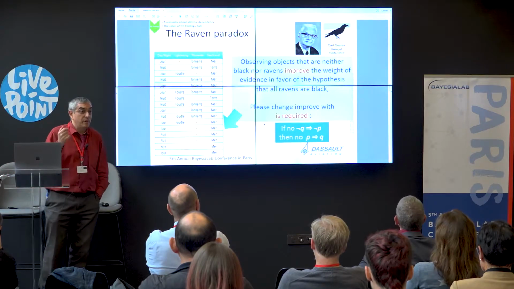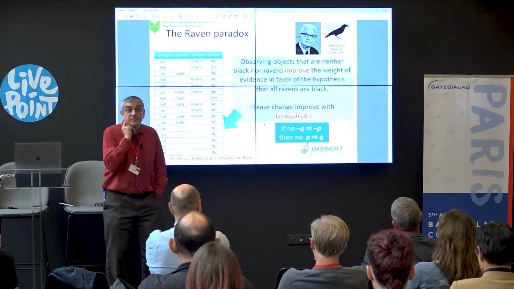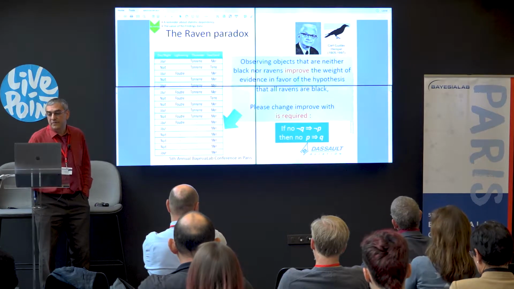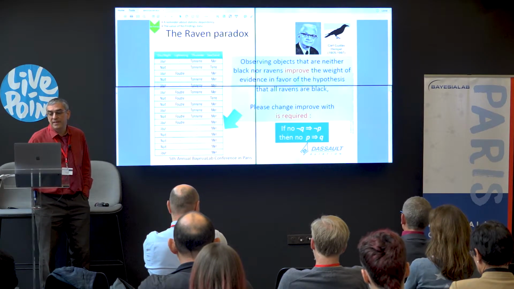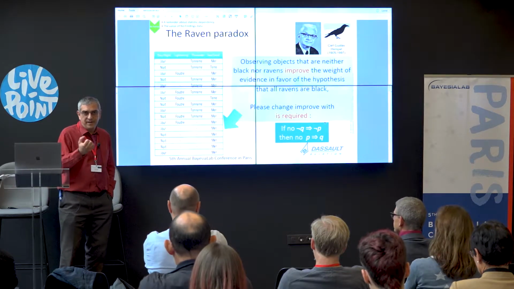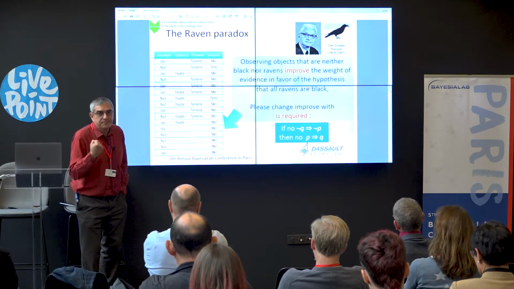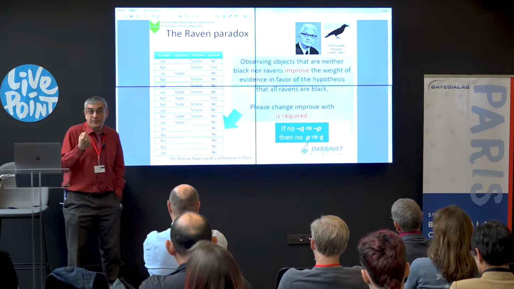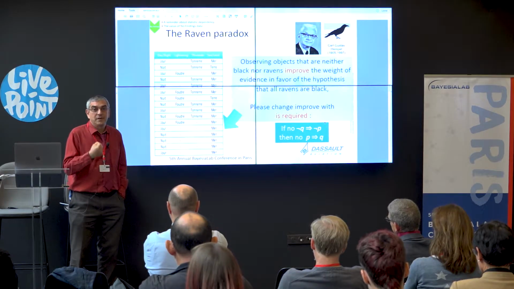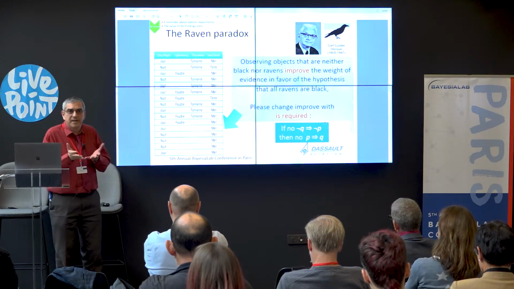And I would just like to remember that the raven paradox is exactly this. The conclusion of Hempel is, in fact, that if you consider that a raven is black, and you find an object or an animal which is not black, you have to check it is not a raven to ensure that a raven is black.